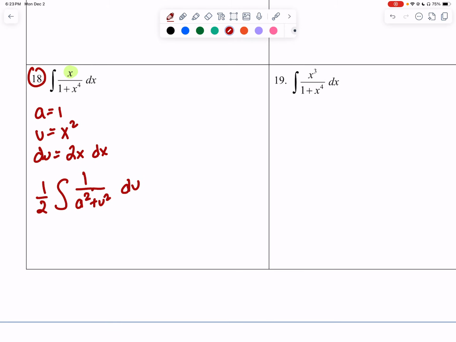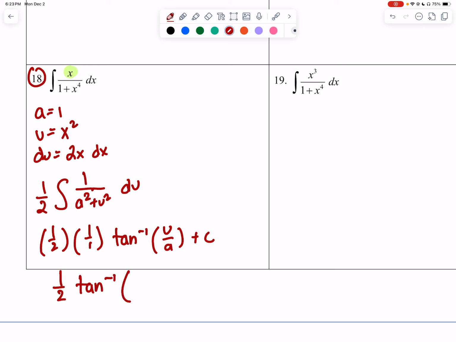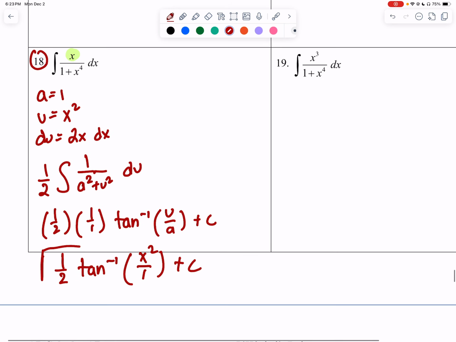We know that is going to be inverse tangent. A is going to be 1. And then remember that's going to be u over a. So that's just going to be 1/2 inverse tangent of x squared over 1 plus c, and just call it a day.